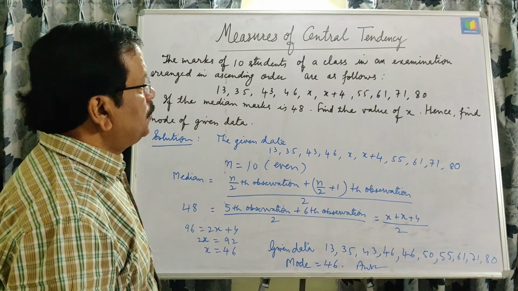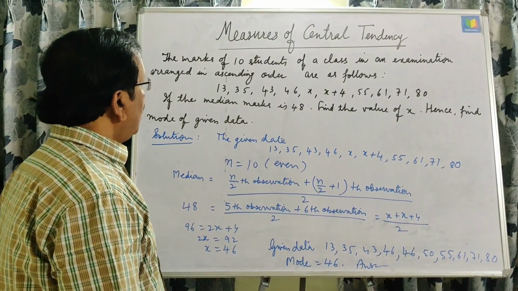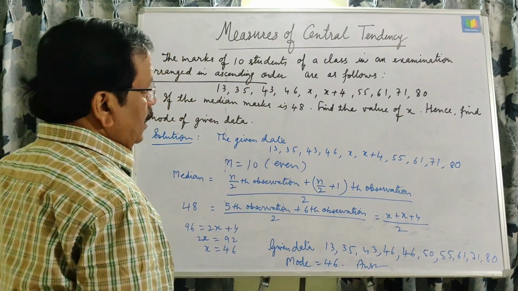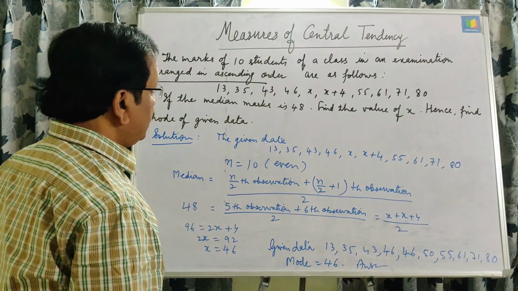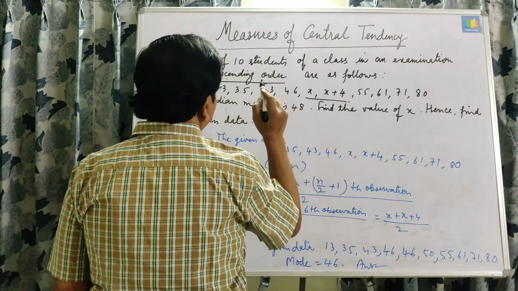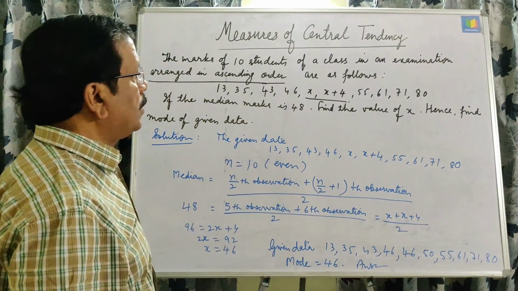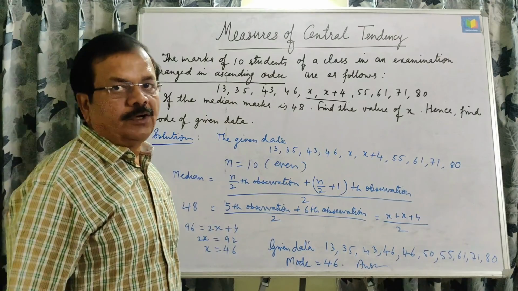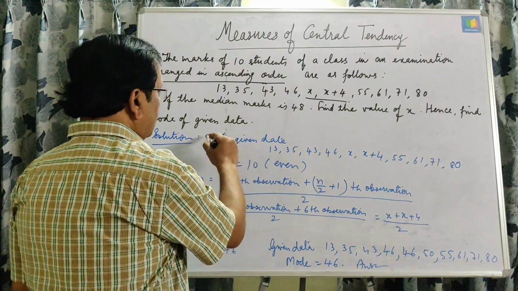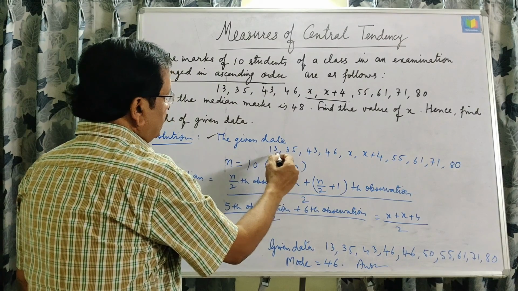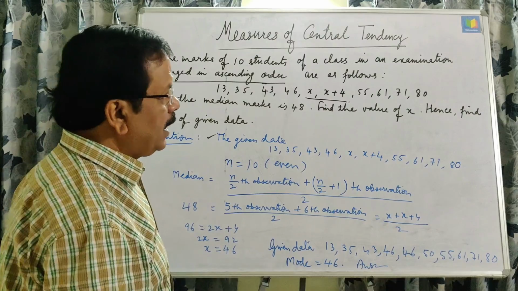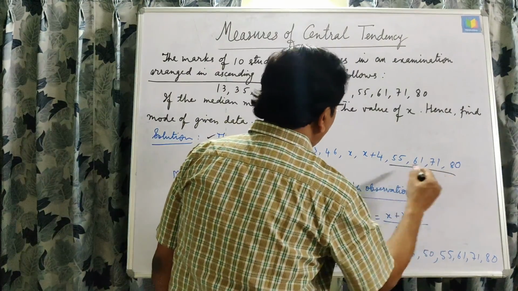The marks of 10 students of a class in an examination arranged in ascending order are as follows. Once we get the data in variables, then we'll certainly get this word, arranged in ascending order or descending order, because this is the primary condition of finding the median. The given data is 13, 35, 43, 46, x, x plus 4, 55, 61, 71 and 80.